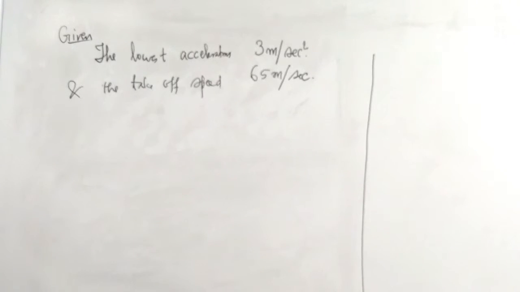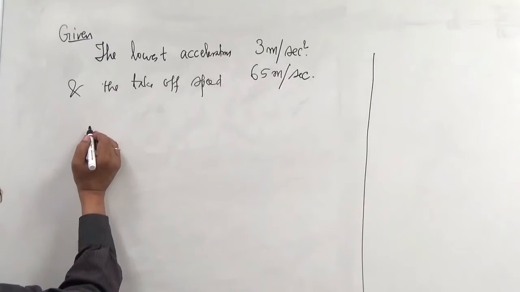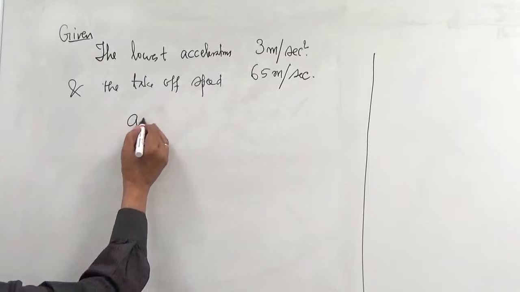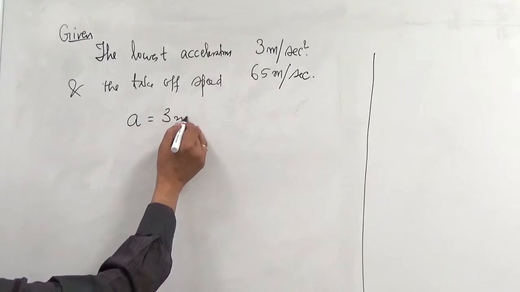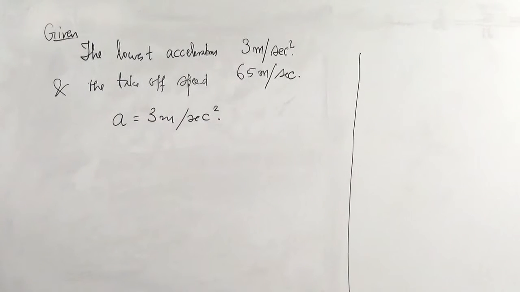Let's look at this plane. What should the minimum length of the runway be? So this means that the acceleration a is 3 meters per second square. The planes start from rest, isn't it?